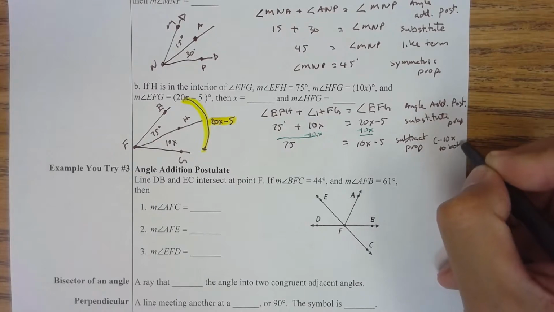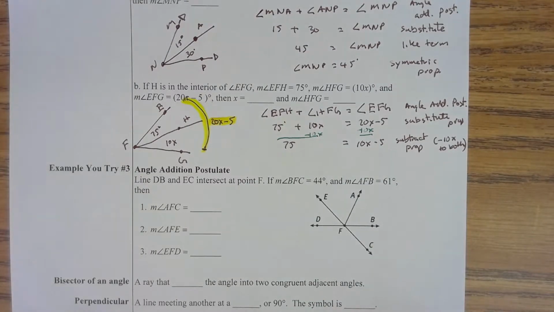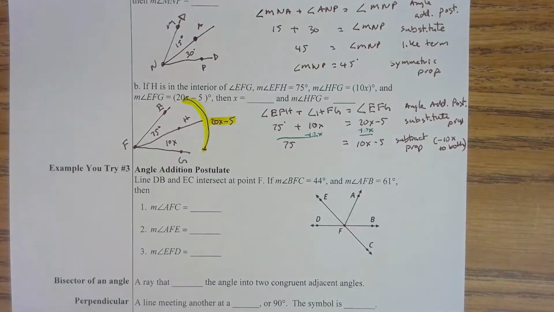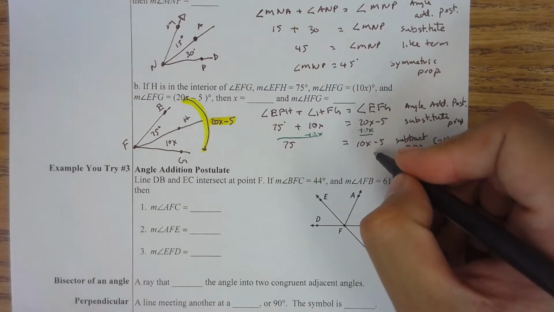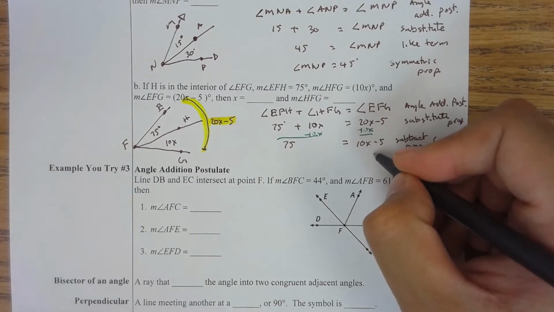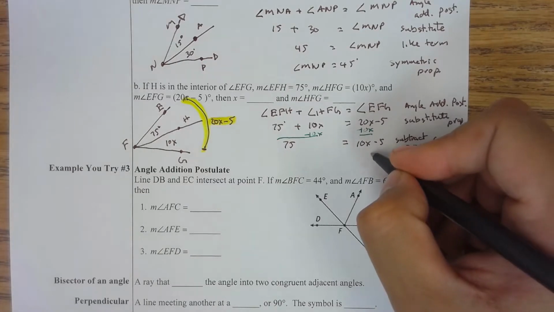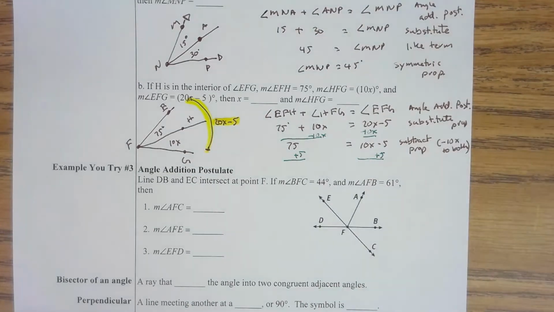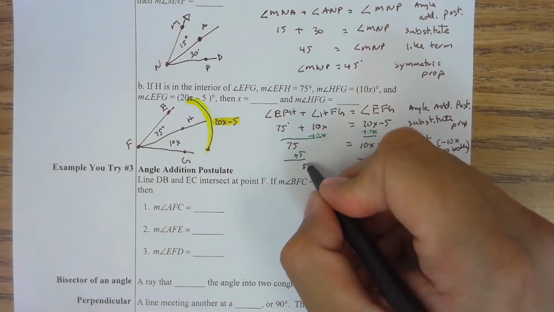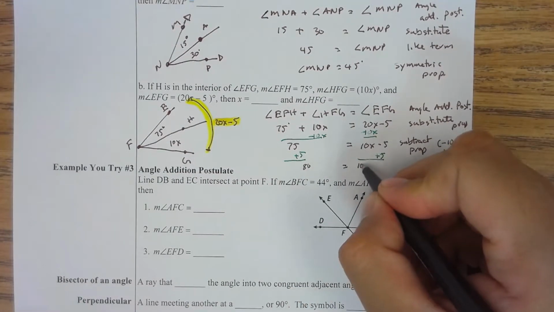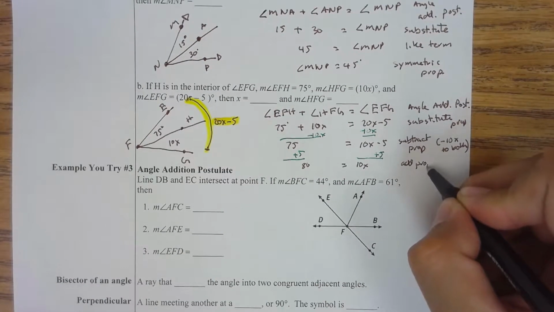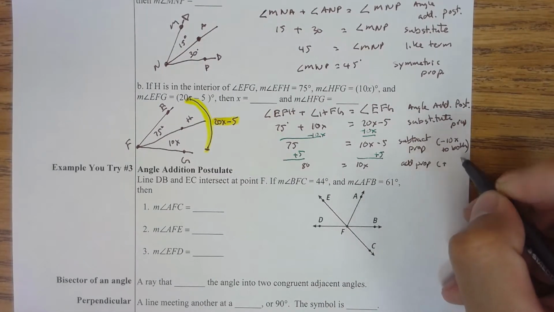Now from here to here, we have to add 5 to both sides. I'm not going to write anymore, but plus 5 to both sides. So you have 80 equals 10x. Here we did the addition property, plus 5 to both sides.